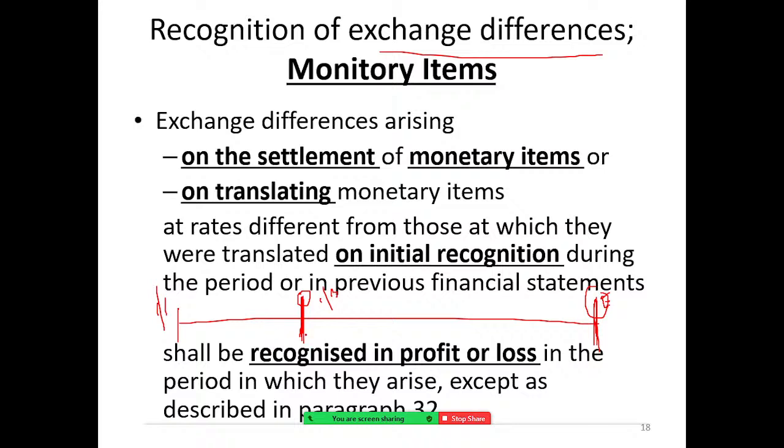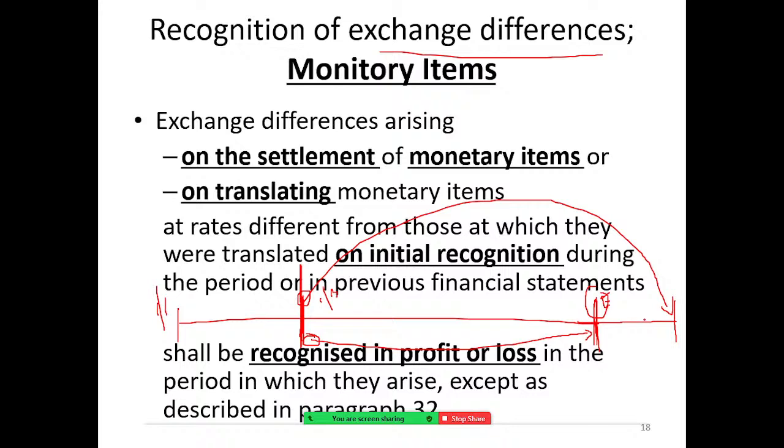So the exchange rate on this date will differ from this date. Sometimes your currency may appreciate or depreciate, so depending on that, a profit or loss may occur. And also sometimes you may purchase items on this date and settle after the reporting date, in the future, right?